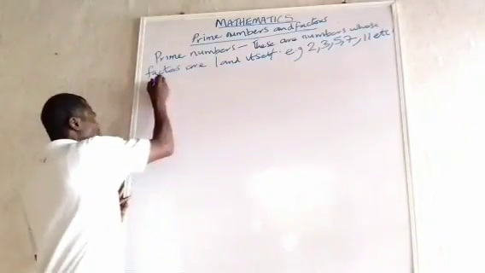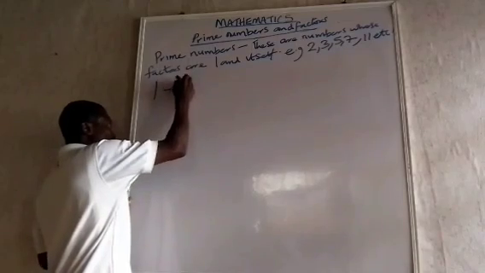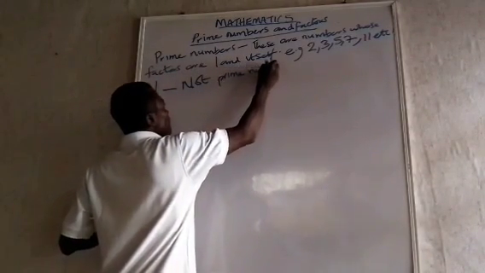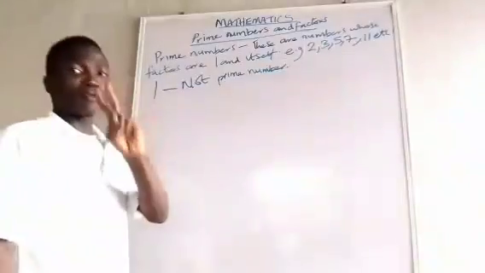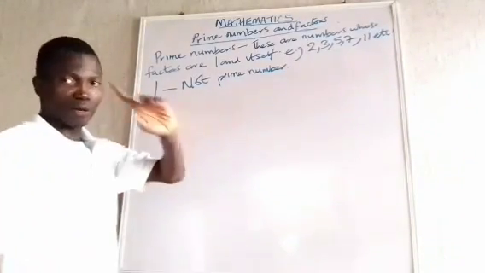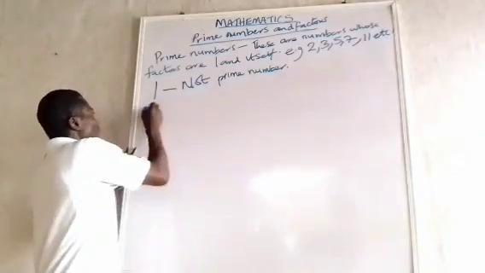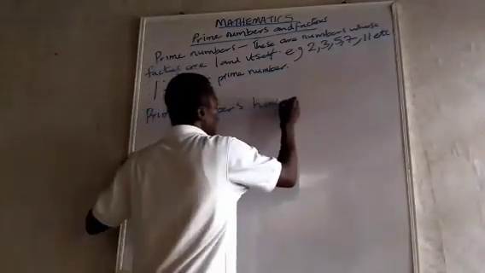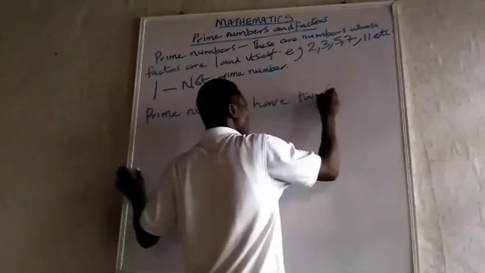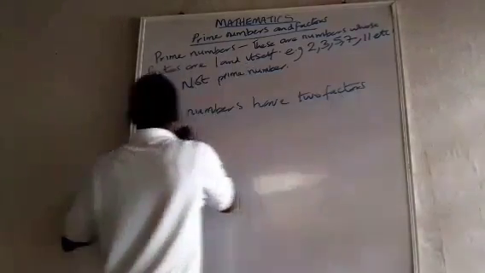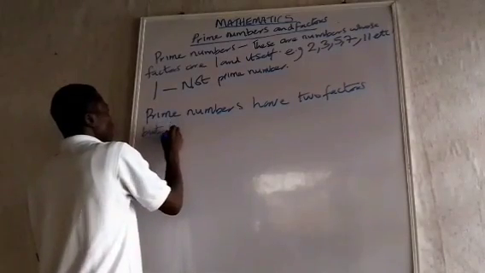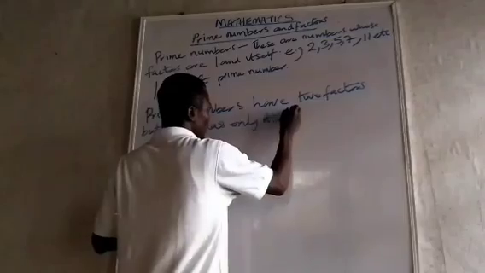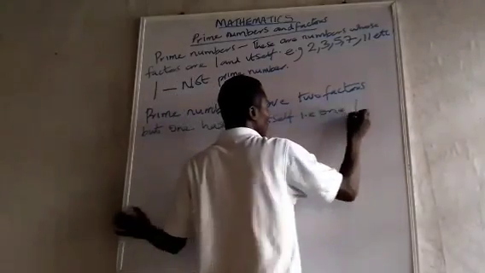But if you look at number 1, you cannot refer to this one as a prime number. Why? Prime numbers have only 2 factors, but 1 has only 1 factor, and that is itself alone.